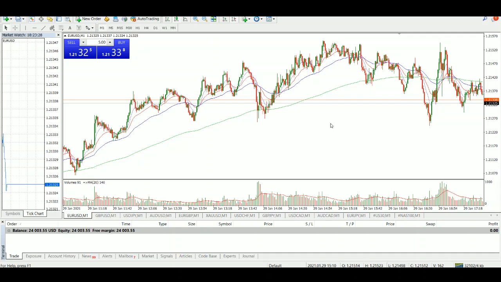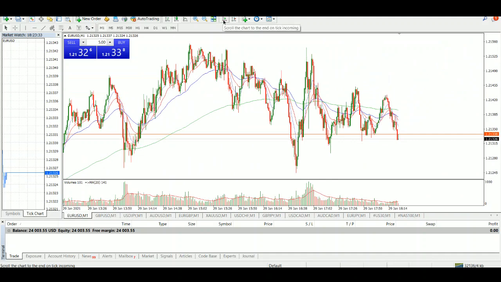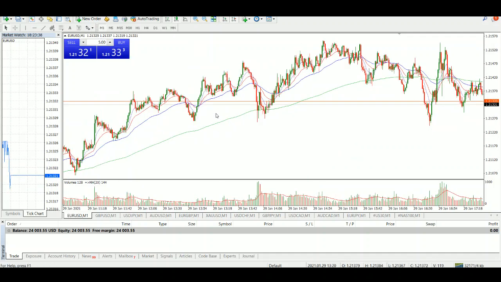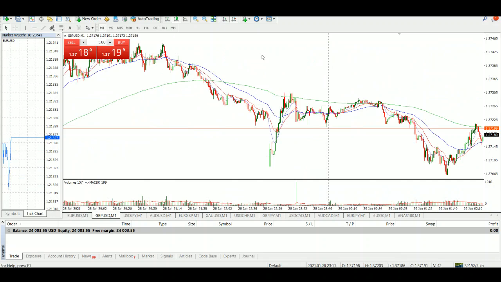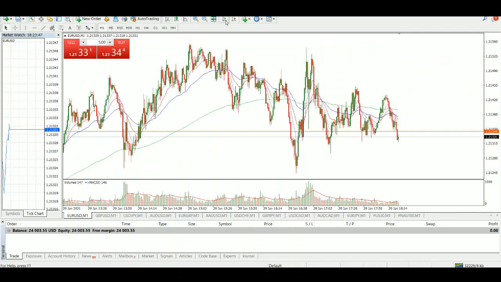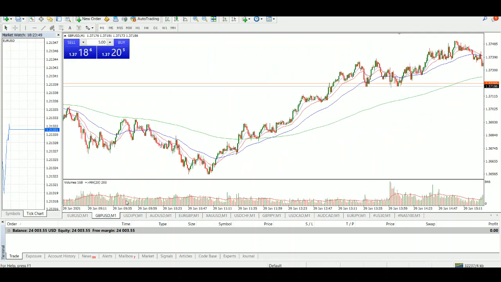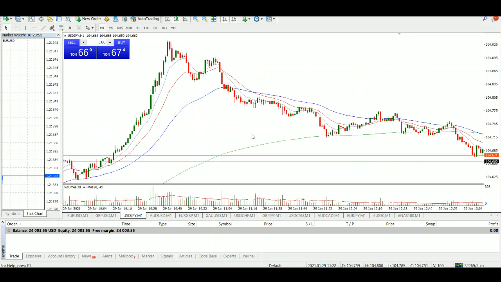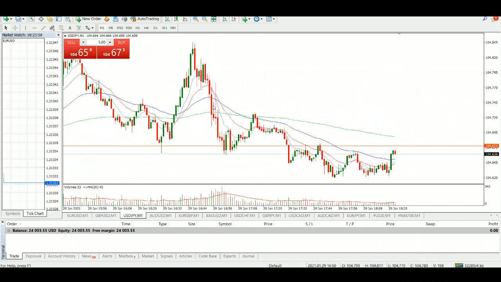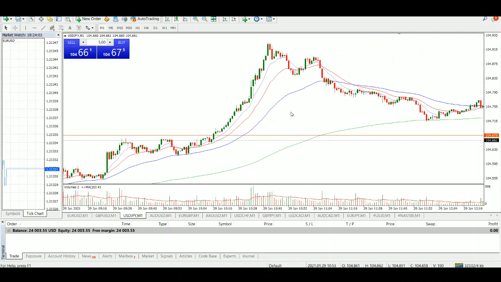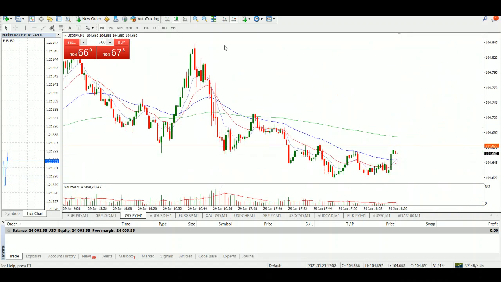So the idea here is you will be looking for the best opportunity, and as I said before, all charts are connected. If one chart is trending, most probably the second one will be trending. For example, when the euro dollar was in this uptrend, the GBP dollar was also in an uptrend, and the USD yen was making an uptrend when the others were in a downtrend.